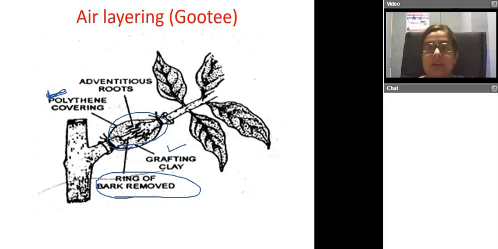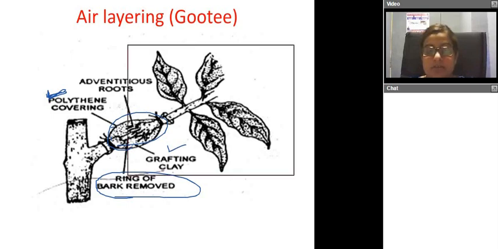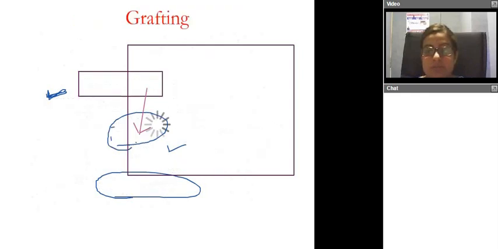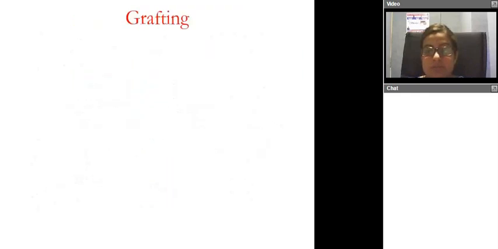Okay? As we can see, a new plant arises from this bark along with the adventitious roots over here. Can you see the adventitious roots? These are the adventitious roots that suck the nutrients and water and fulfill the requirement of this plant.